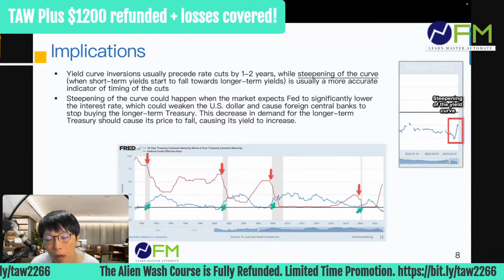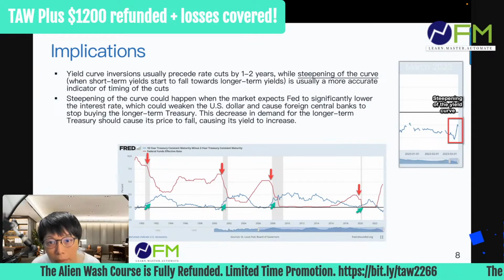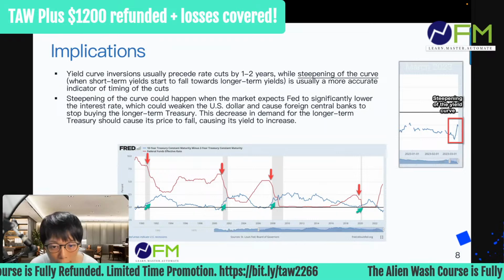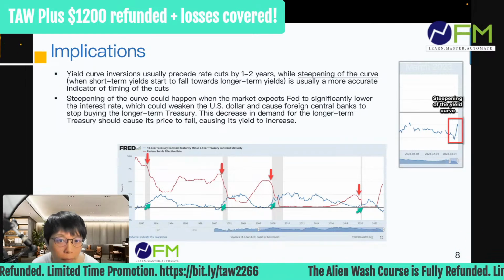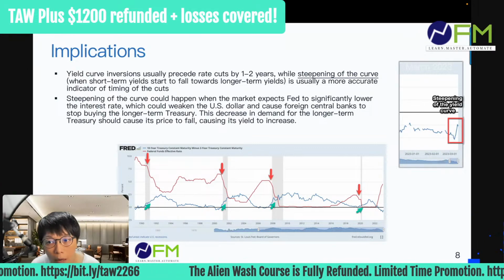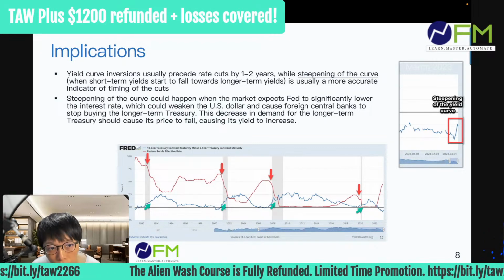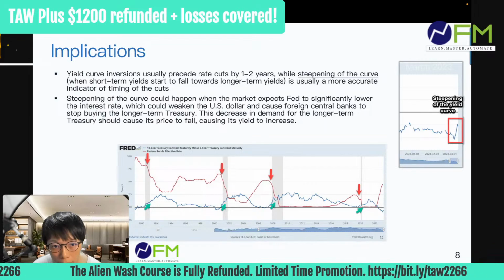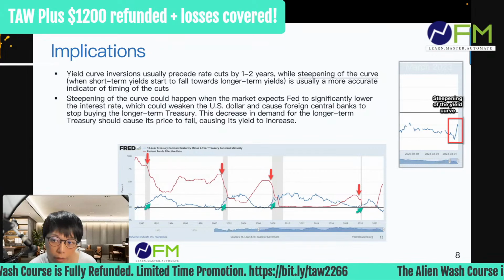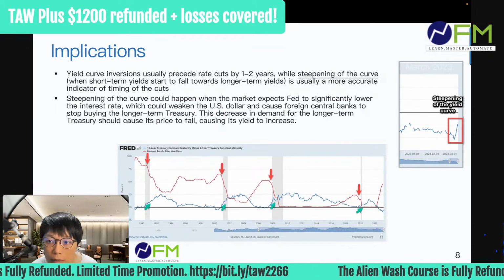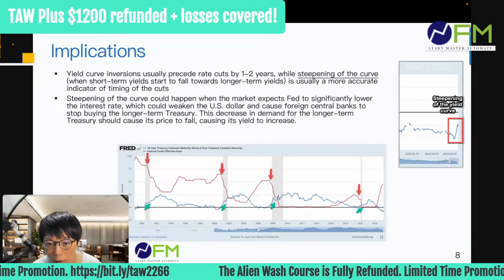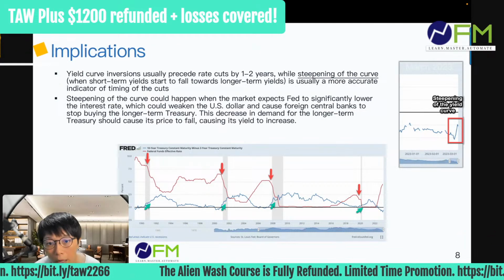However, when we look at the steepening of the curve, as I mentioned, right now we have the bull steepener, where the short-term yield starts to fall towards the long-term yield, and this becomes a more accurate prediction of a rate cut. As short as 3 to 6 months after we observe a steepening of the yield curve, historically we've seen a rate cut.